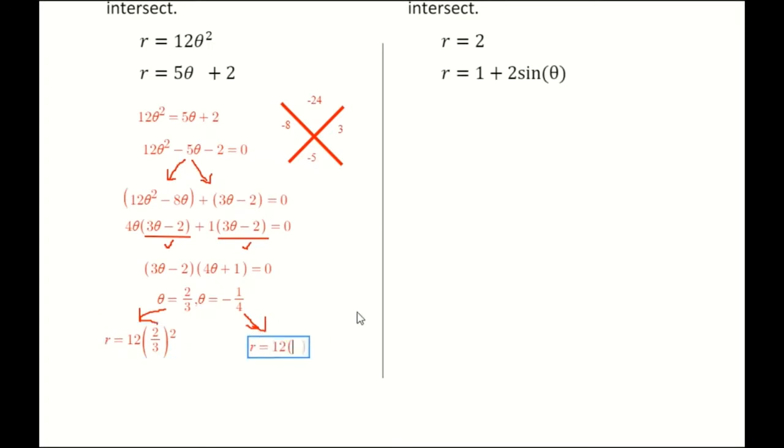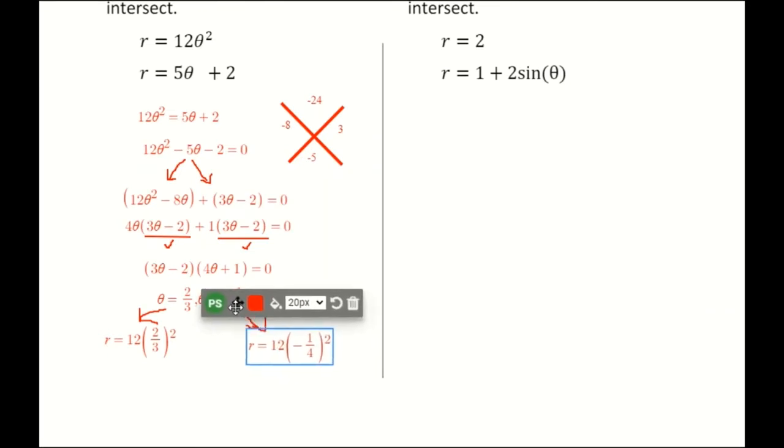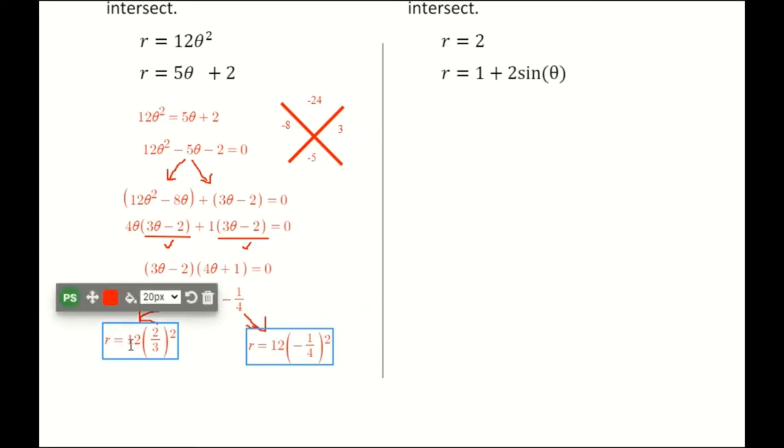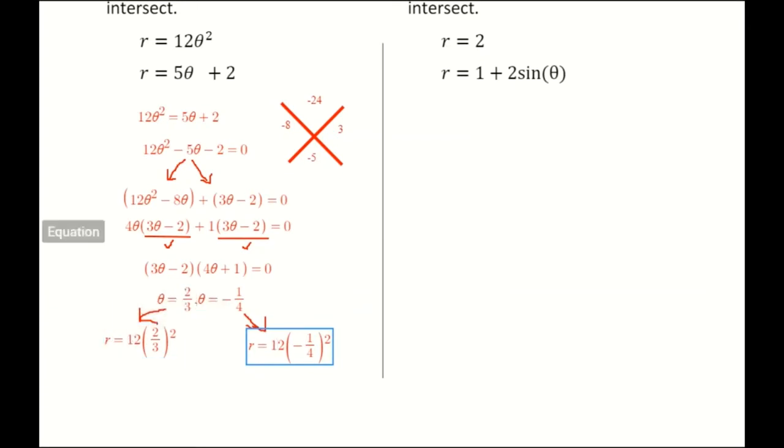So 12 times negative 1/4 squared. And we're going to throw that in the calculator. No need to do that by hand here.